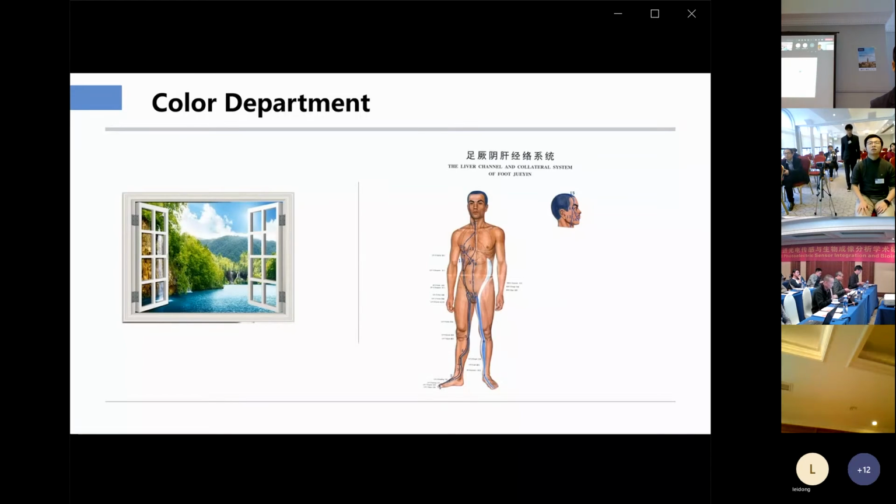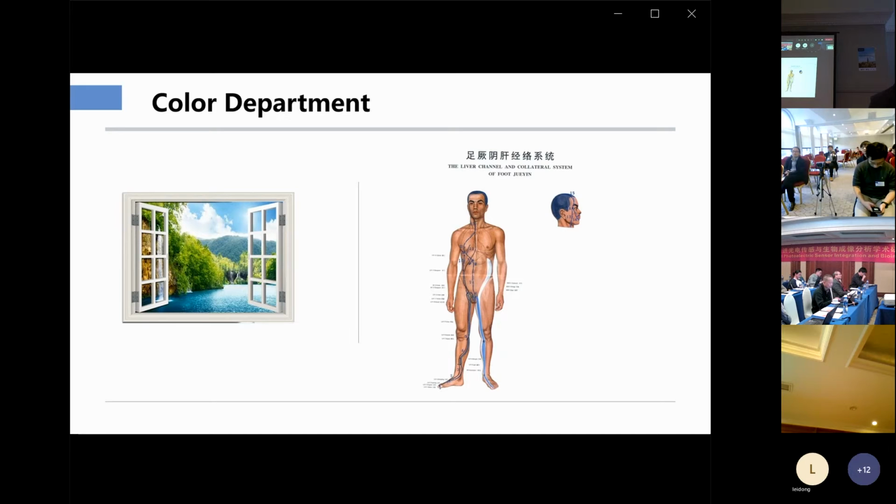So it's quite like, from the outside of the body, the parts of the body are like a window to check the inside changes of life information, like the organs, meridians, qi and blood. What changes inside the body can be reflected on the outside.